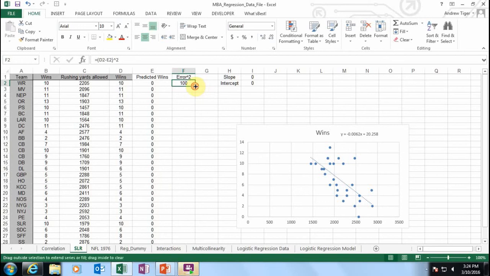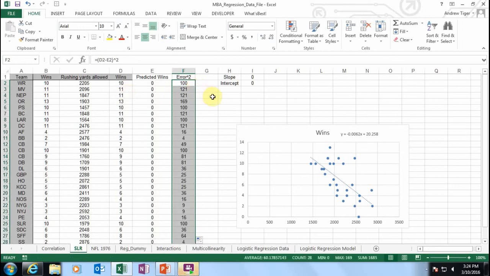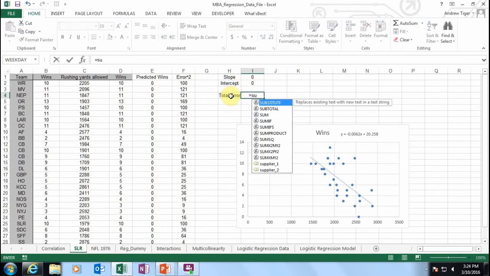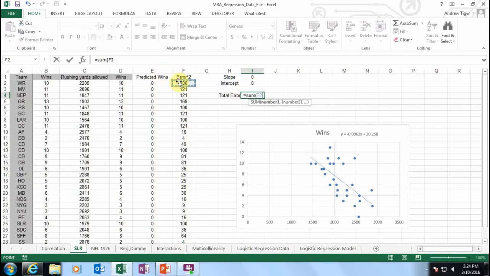And I copy that down. So every one of these is an error because this is what happened. This is what my model based on a slope and intercept of 0 gives. So I could actually say this is my total error, the sum of all these errors.